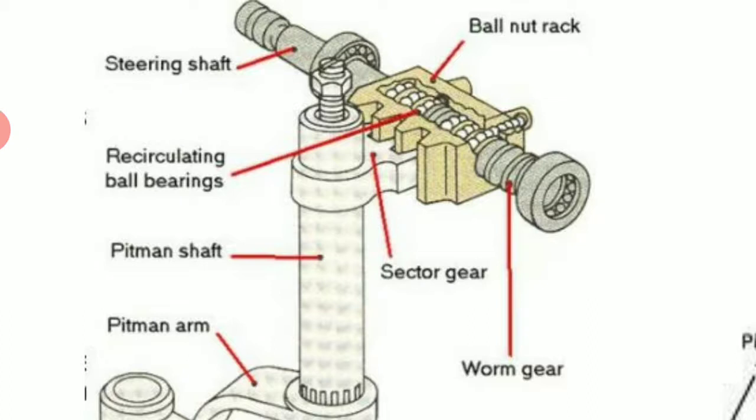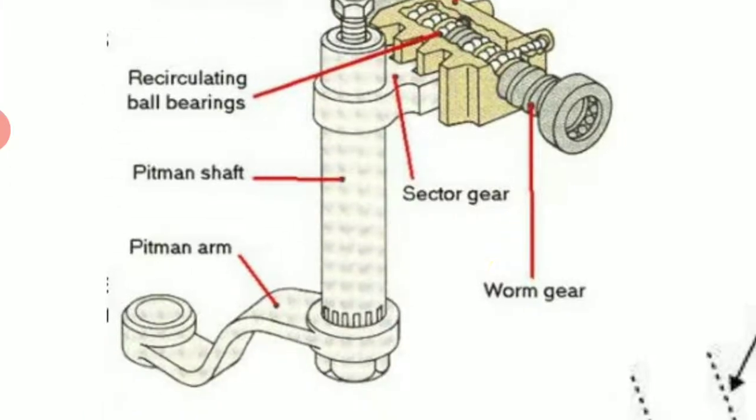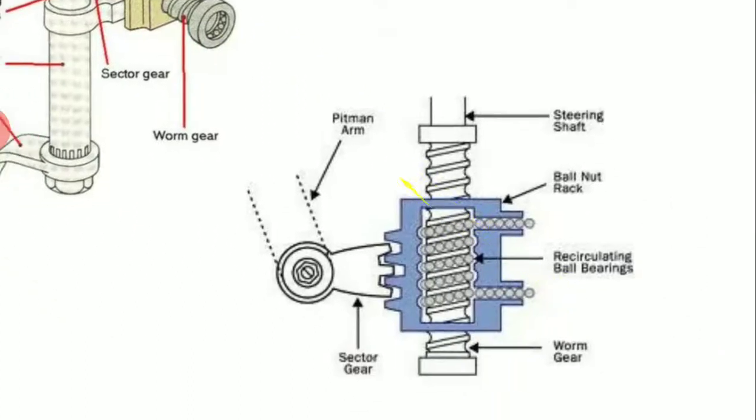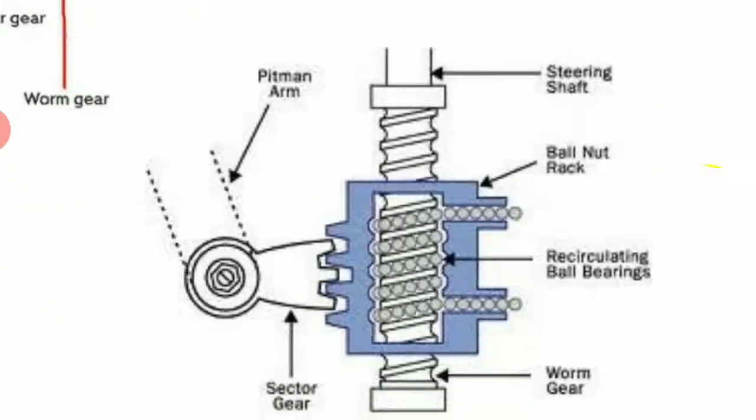The balls are provided through the nuts, so the balls glide through the grooves of the worm gear, because, as I already told you, the purpose of providing balls is to reduce friction. When the worm gear is rotated, automatically your sector gear will be rotating. Then in turn the pitman shaft will be rotated, and it is directly connected to your drop arm. You can see this clearly in the figure also.